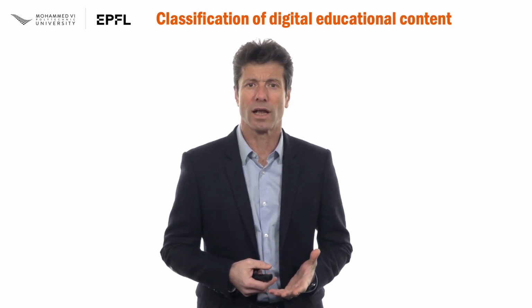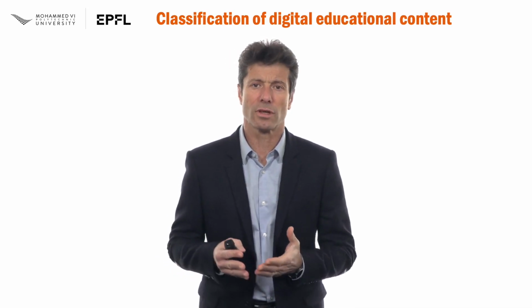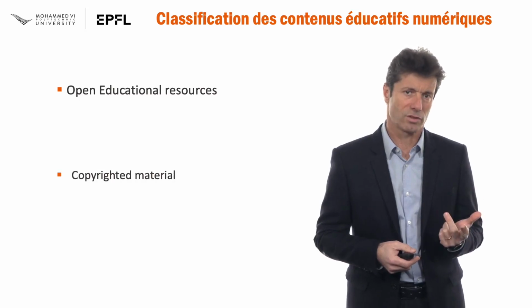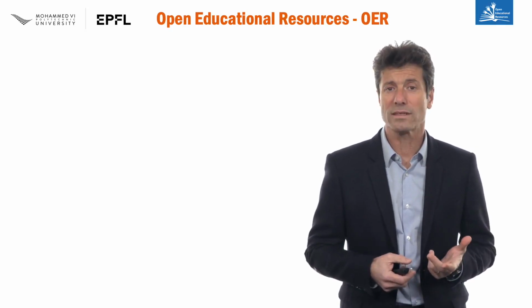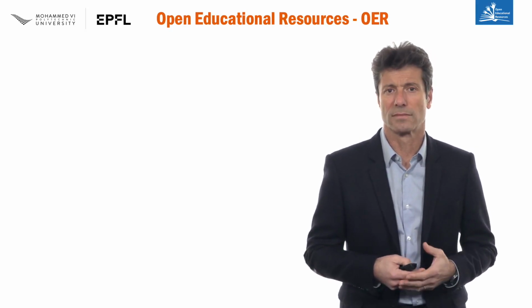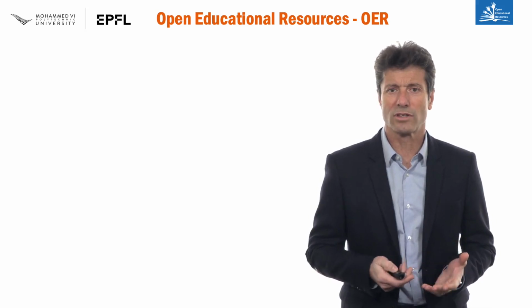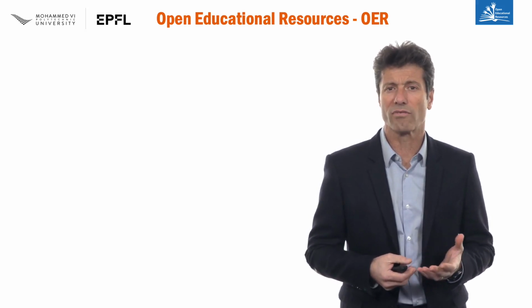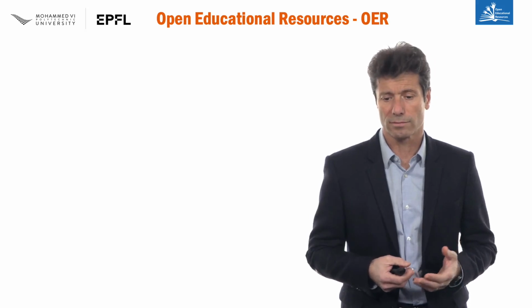Let's consider the classification of the content available online by its distribution and usage rights. For our purpose, we will consider just two cases: open educational resources and copyrighted material. What are open educational resources? A widely accepted definition for OER was formulated by the Hewlett Foundation as follows.